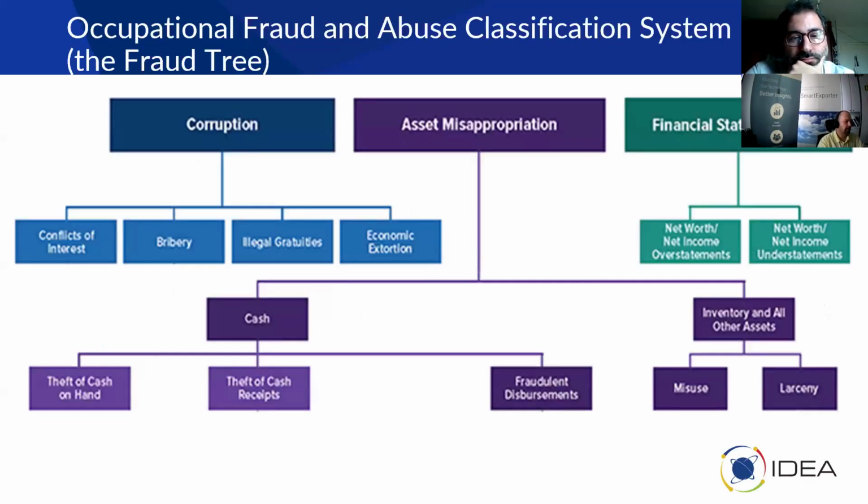You can see a little bit of high-level information about each fraudulent activity, especially asset misappropriation. It has cash, inventory, and all other asset loss.